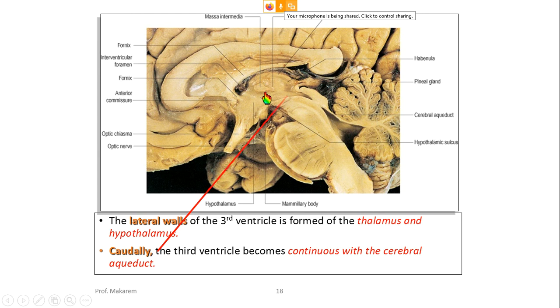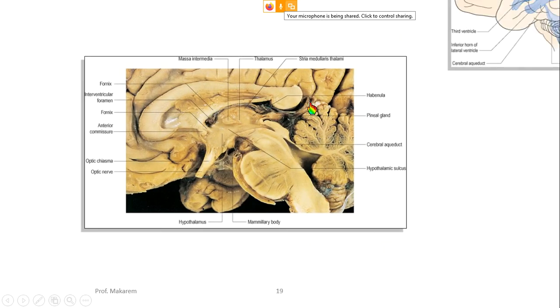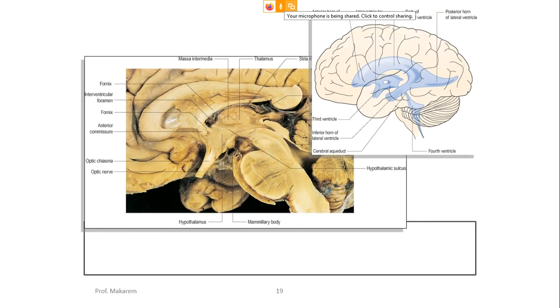Then caudally we can identify the cerebral aqueduct of Sylvius, through which the third ventricle communicates with the fourth ventricle. So remember the roof, floor, and lateral walls, and caudally it communicates with the fourth ventricle. That is about the third ventricle.